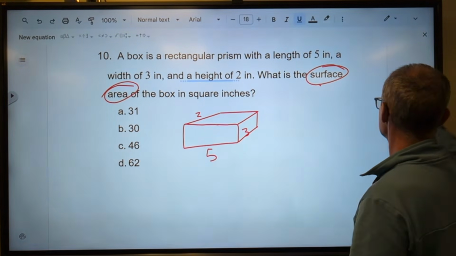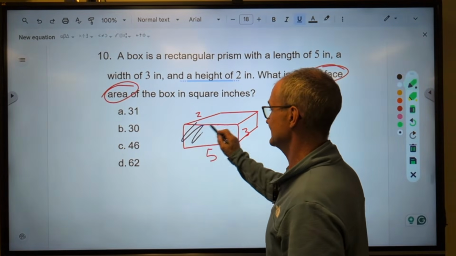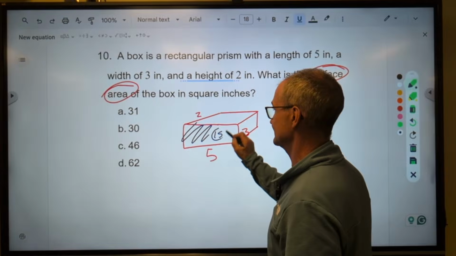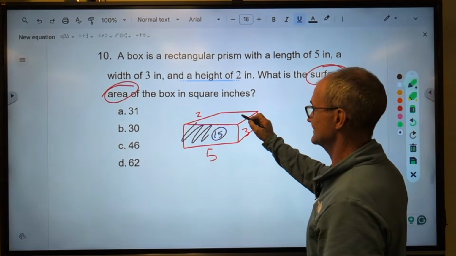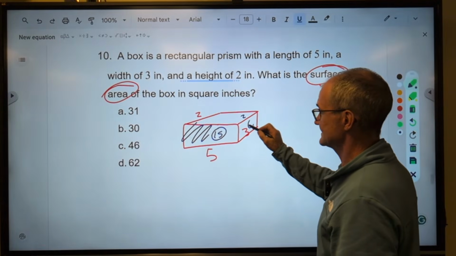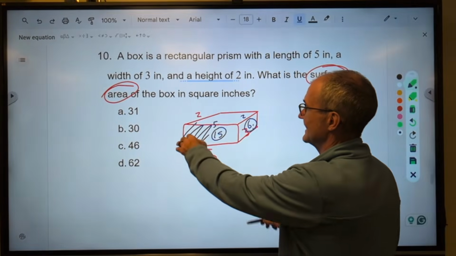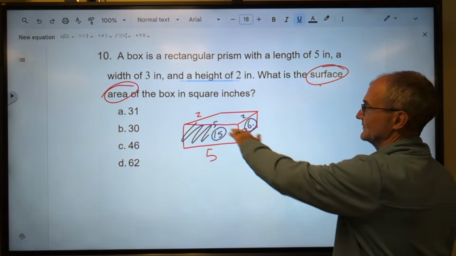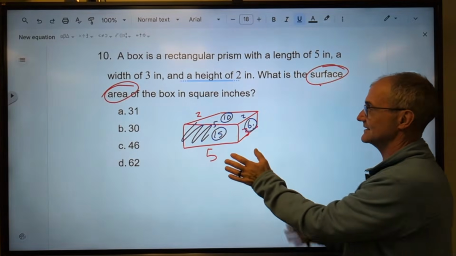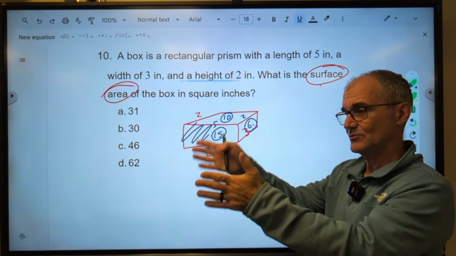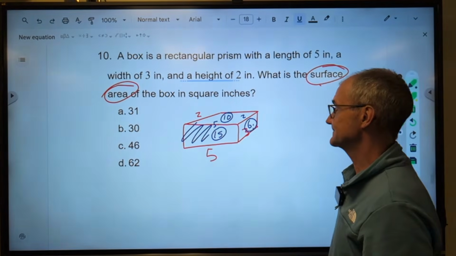So surface area of this front plane is 5 times 3. So this is going to be 15. This side plane right here, if that's 2, that's 2. This will be 6. If that's 5, this is 5. That top plane is 5 times 2, 10. And remember, in this solid, there are 6 faces. 1, 2, 3, 4, 5, 6, right?